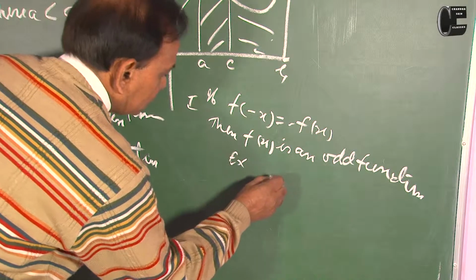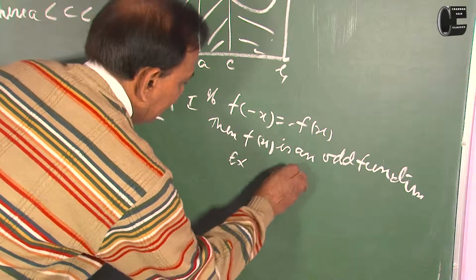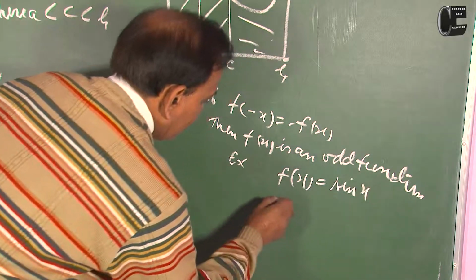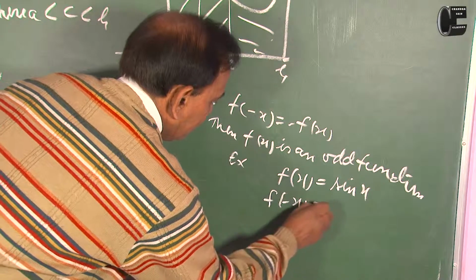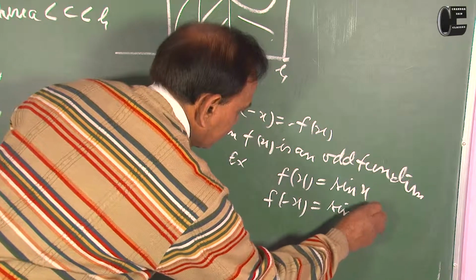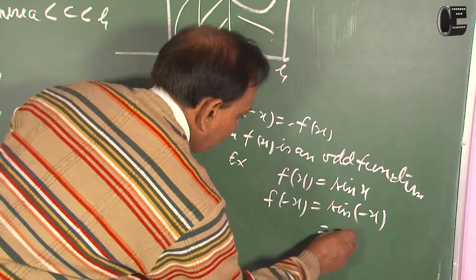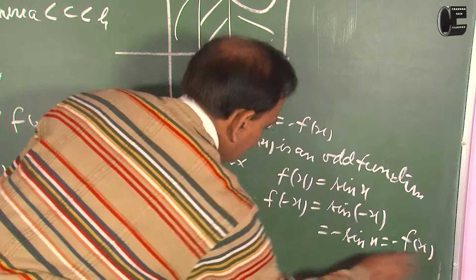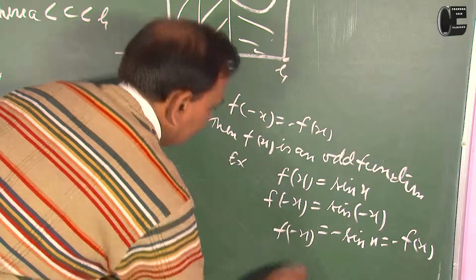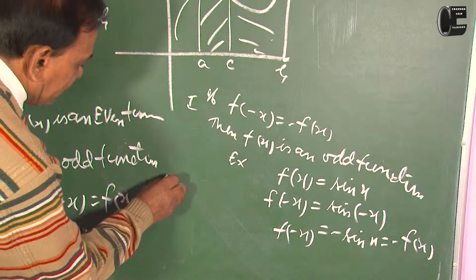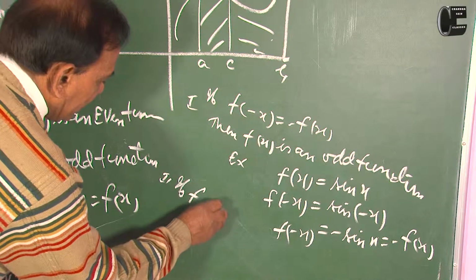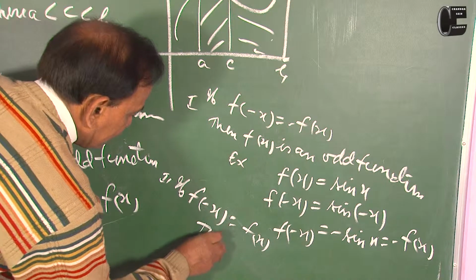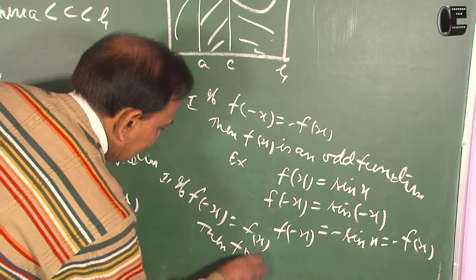Example, if f(x) equals sin x, then f(minus x) will be sin of minus x, that is minus sin x, that is minus f(x). Therefore, this is an odd function. Second, if f(minus x) equals f(x), then f(x) is an even function.